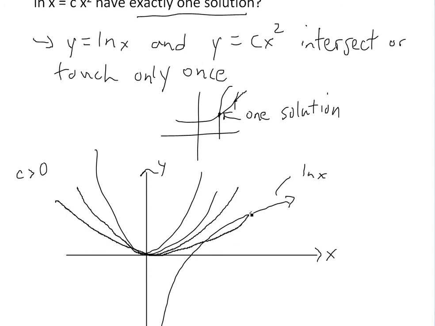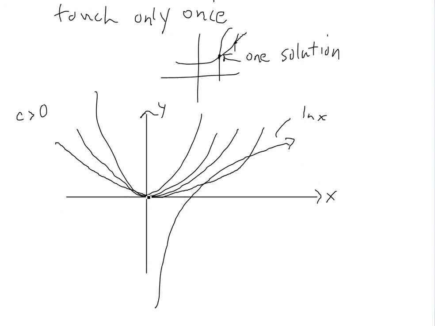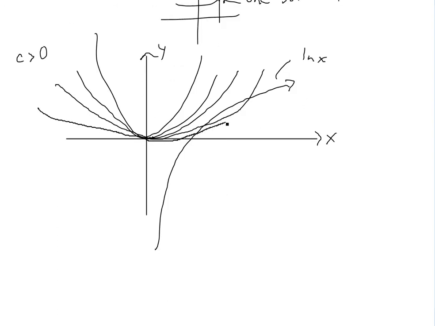As you can see in this case, it intersects twice, and if you go even flatter, we get something like this, where it intersects twice over here. It's supposed to be positive, just ignore my bad drawing. As you can see, it's intersecting twice here.